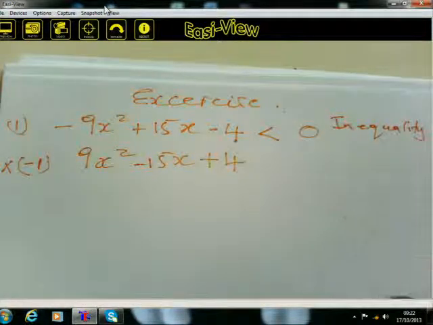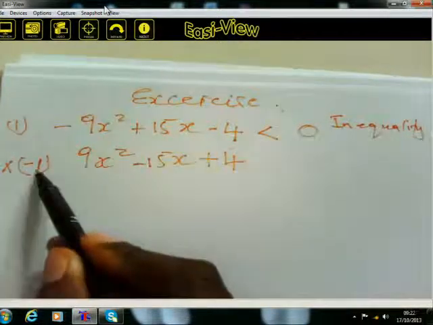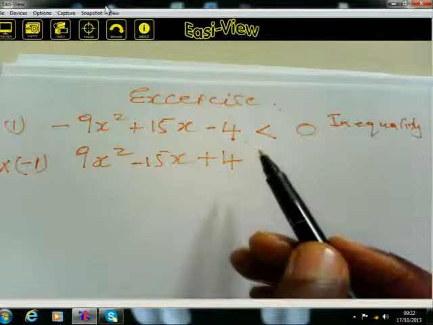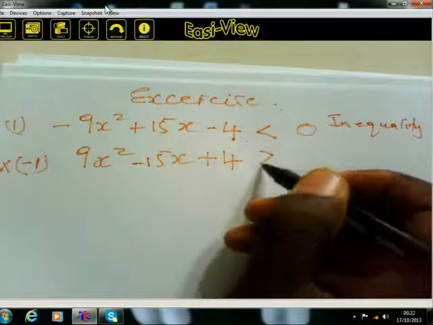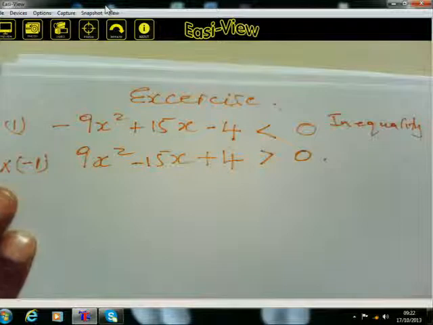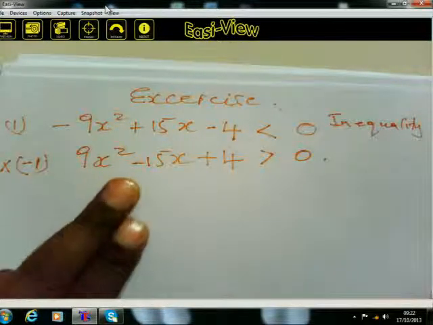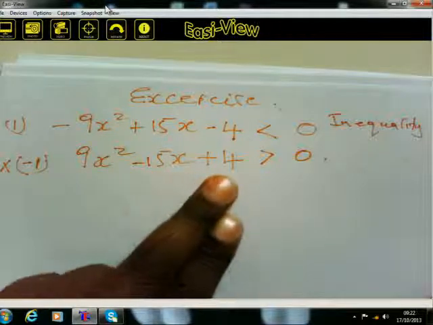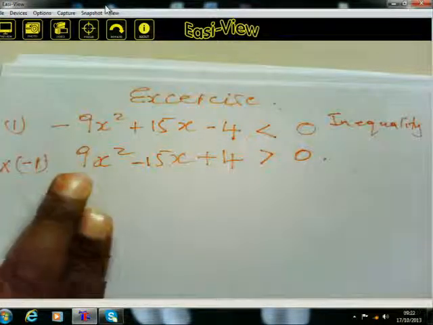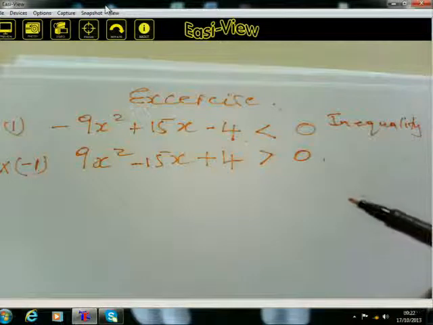But now, in the case of an inequality, when I multiply by negative 1, this inequality sign is going to change, and it is going to become greater than 0. Why? Because I have multiplied by negative 1. So 9x squared minus 15x plus 4 is greater than 0.